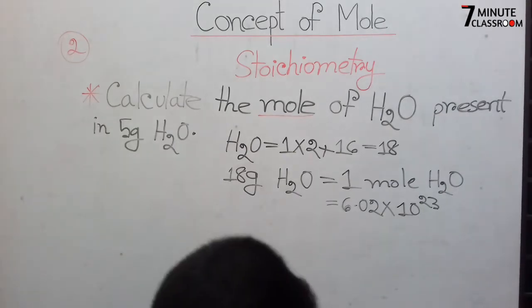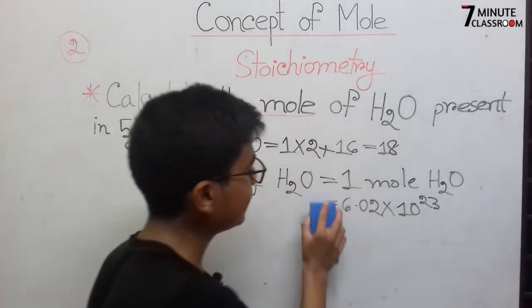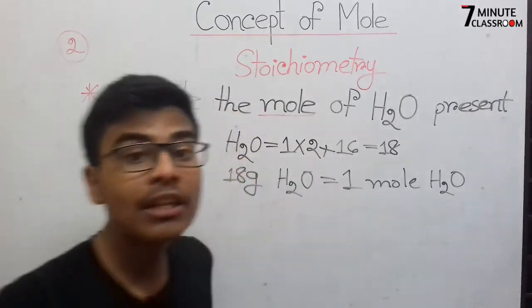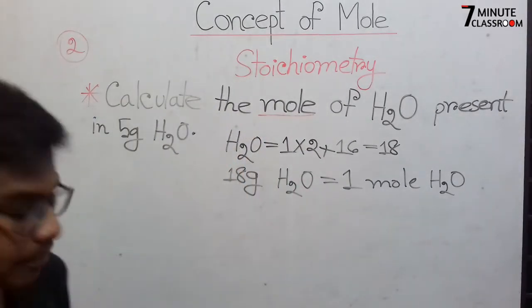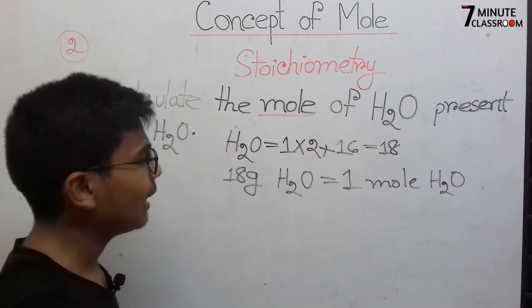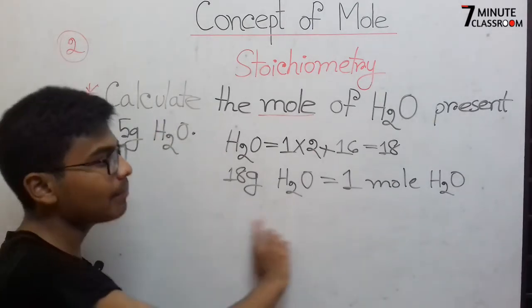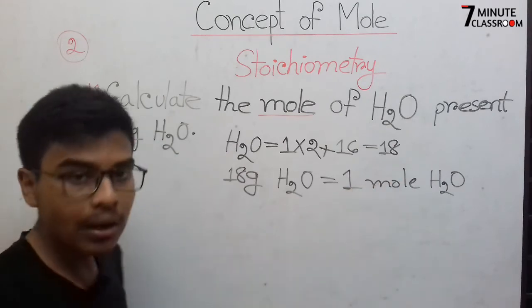So we don't need this number, because this number indicates the molecule number. Here everything is ready: 18 gram H2O equals 1 mole H2O.